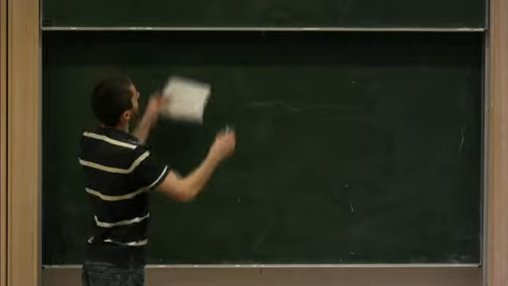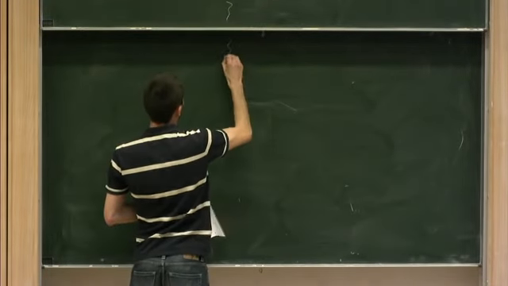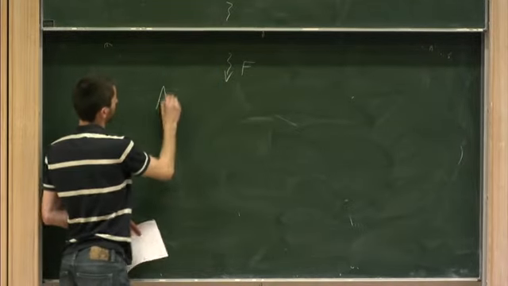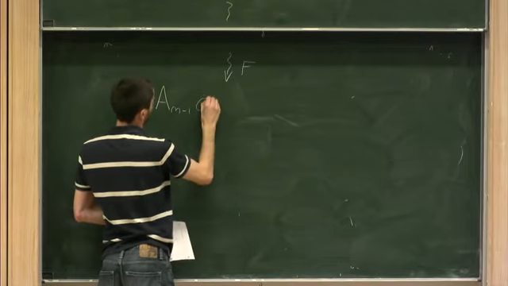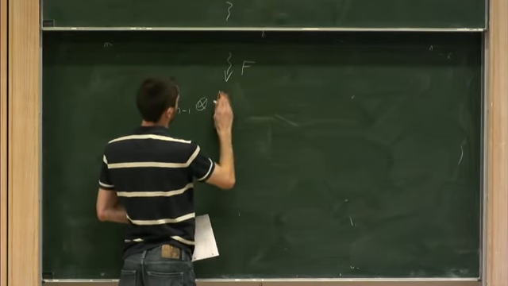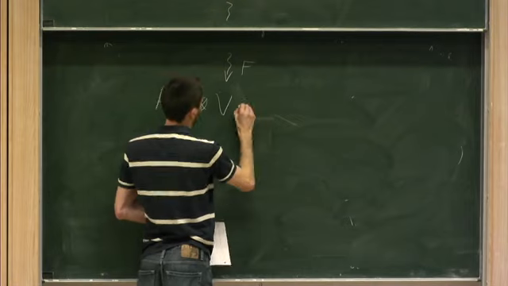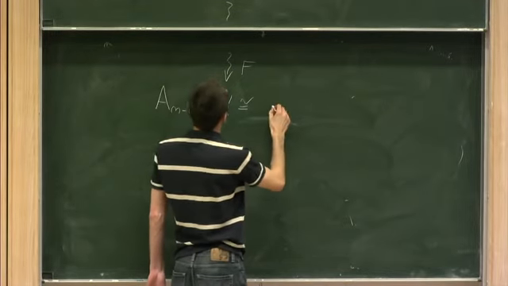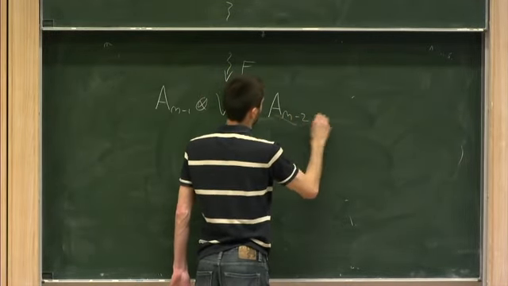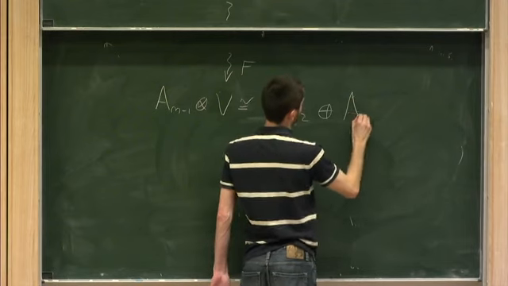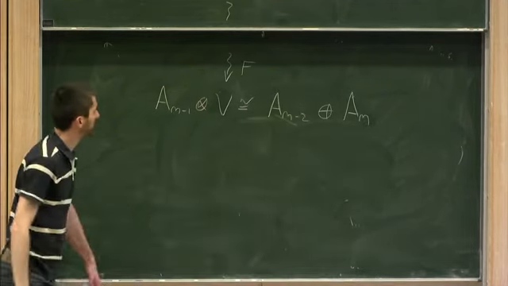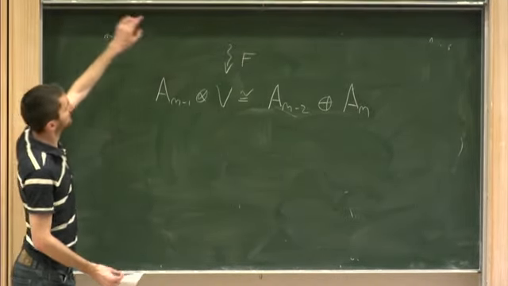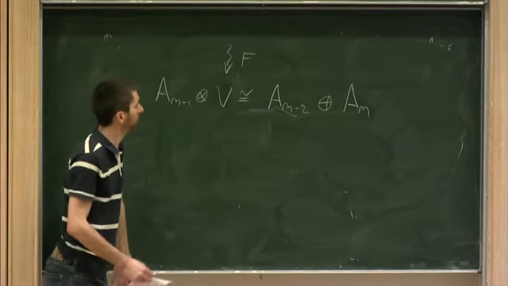And if we apply the functor f to that, that reads that the n minus 1th graded piece tensored with V is the direct sum of the n minus 2th graded piece and the nth graded piece. You can write down very explicitly what the morphisms, what the isomorphism is.